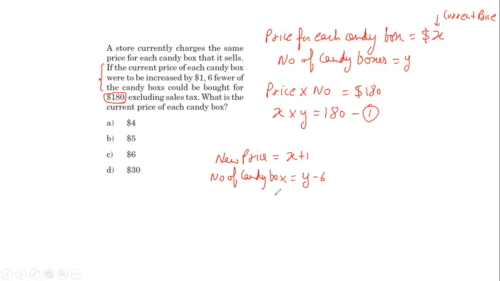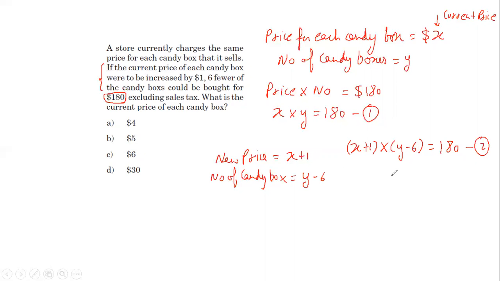So again, the new price multiplied with the number of candy boxes that I can buy will give me the total money that I have, $180. So I have made two equations here: xy is equal to 180 and x plus 1 times y minus 6 is equal to 180.